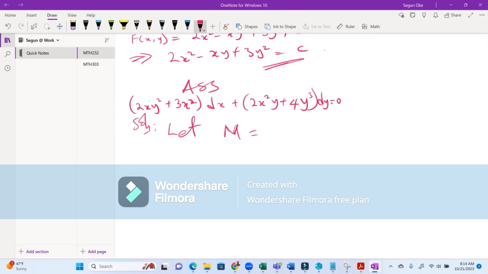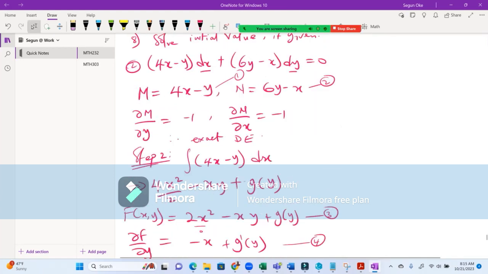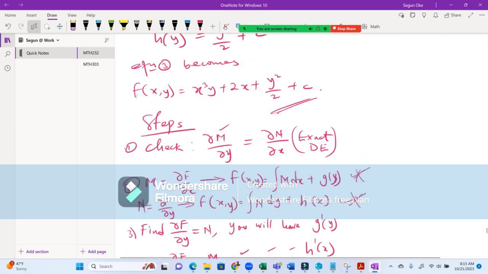My M will be 2xy squared plus 3x squared. That is my M. The exact solution says, look at the formula, the dM/dy.